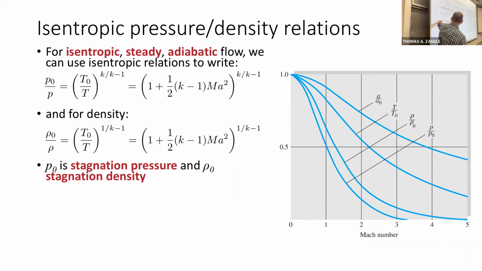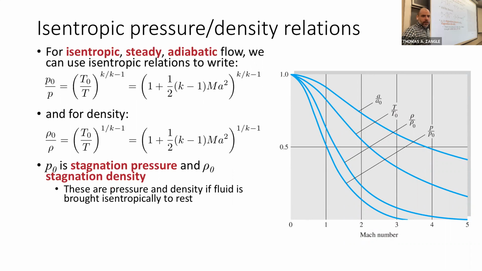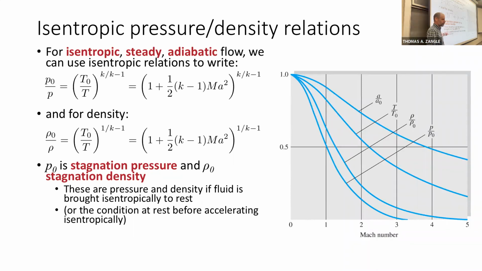So again, here, P naught is stagnation pressure, rho naught is stagnation density. I put this up before, right? So again, that would be the pressure if we isentropically, adiabatically decelerate the flow to 0, and the density under the same conditions. Pressure and density of a fluid brought isentropically to rest, or the condition at rest before accelerating isentropically.